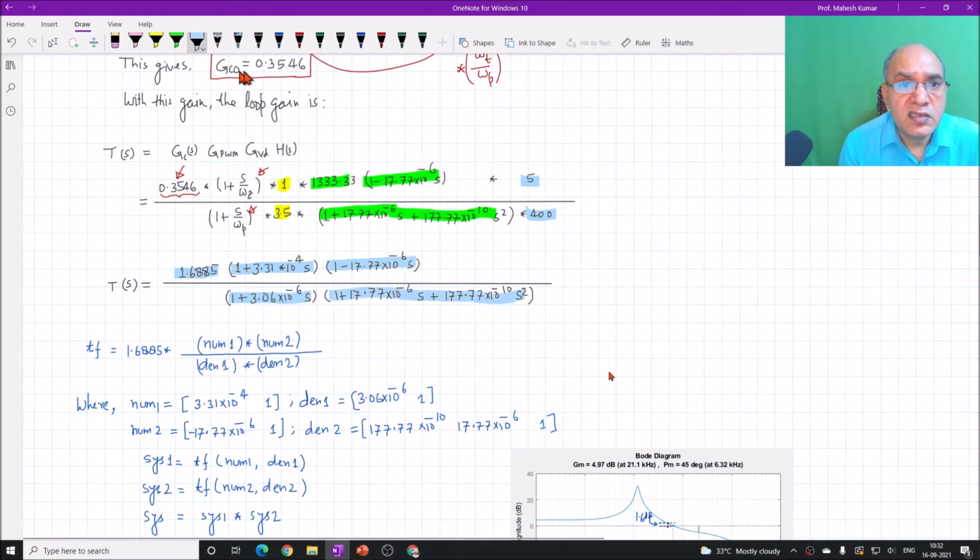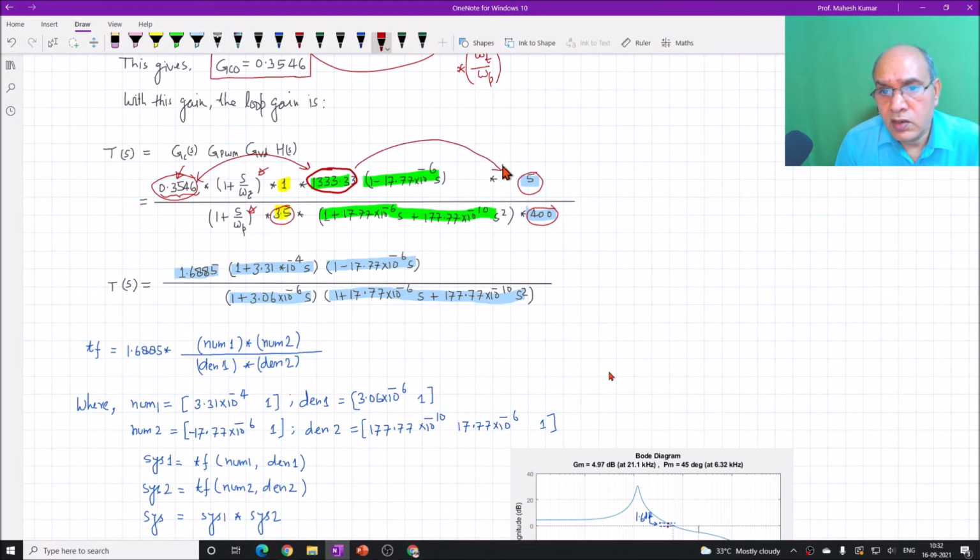So you see the effect of this term, effect of this term, and effect of this term. All these constant terms are now included in the overall gain of 1.6885.